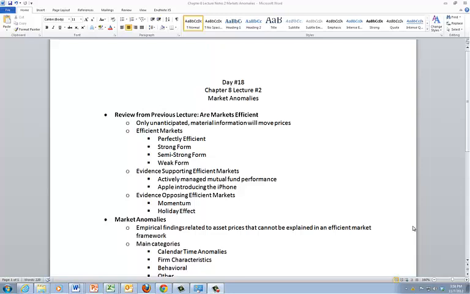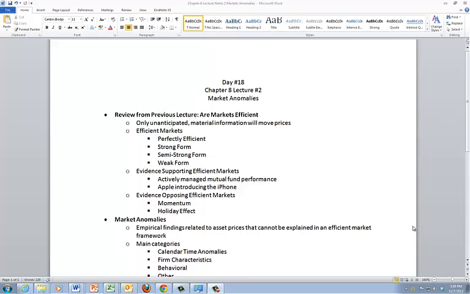Markets that are strong form efficient are markets in which all known information, meaning all information contained in past trading data, all information that is publicly available, news stories, financial reports, press releases, analyst reports, but also inside information, information that exists and is known by a select few.